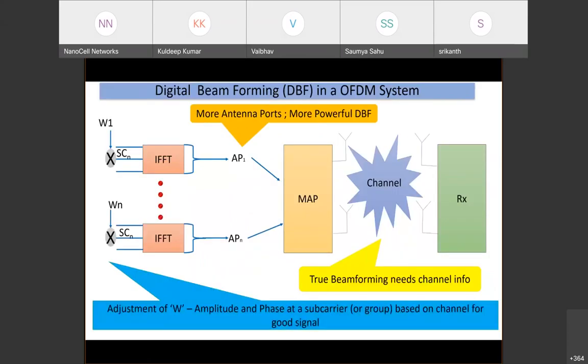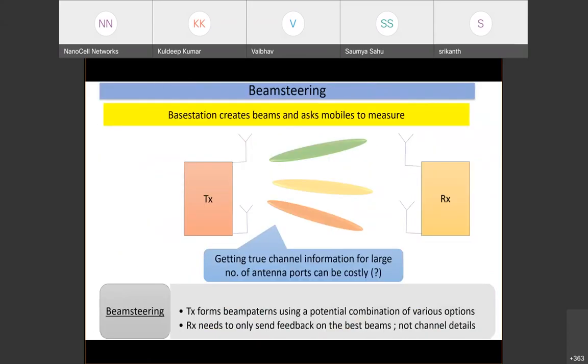So instead of getting very deep level information, if we can get slightly coarser information, which will tell you the user saying that, hey, I'm receiving the strongest signal in this beam, that is also sufficient for you to get started. So we call that beam steering, where we don't have the full-fledged channel information between the antennas here and antennas there, but we create some suboptimum level of information sharing.